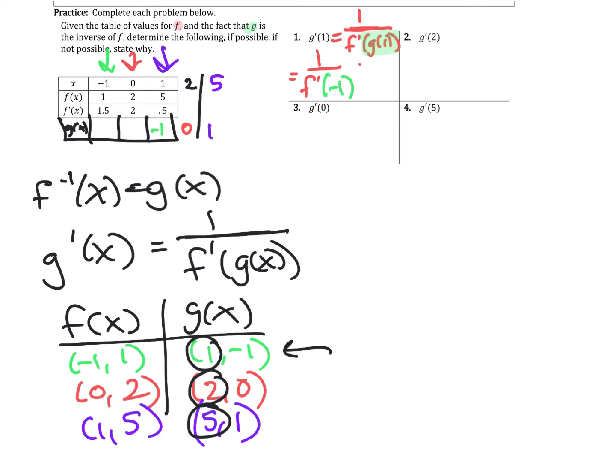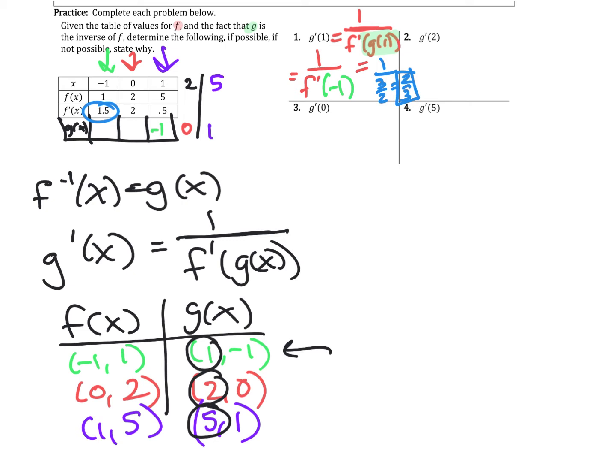Well, now I just need to look at the table to figure out what f prime of -1 is. f prime of -1 is right here. So that is 1.5 or 3 over 2. That means this is 1 over 3 over 2, which is the same thing as 2/3. So g prime of 1 is equal to 2/3.